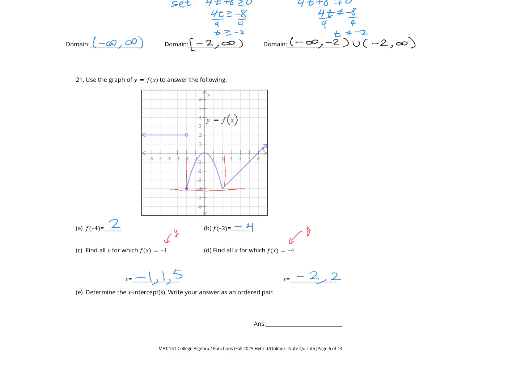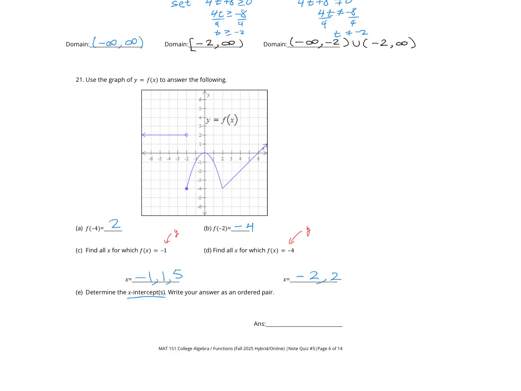Finally, they're going to ask you on this page about the y-intercepts. And the y-intercept is where it crosses on the y-axis. You're only going to have, actually, what am I saying? It's the x-intercepts for this one. Sheesh. So if you look at the x-intercepts, that's where you're crossing the x-axis. It's always good to read these very carefully.